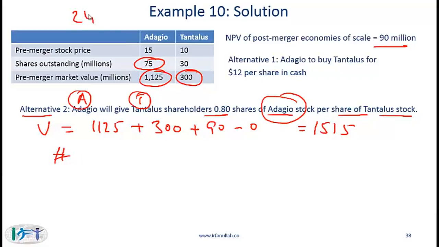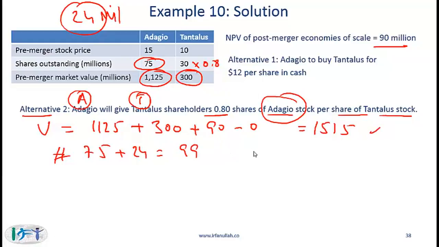Where is that 24 coming from? 0.8 into 30, because for every share of T, 0.8 shares of A are needed. So 0.8 into 30 million is 24 million. So after issuing 24 million shares, what is the total number of shares of this new larger entity? It is 75 plus 24, which is 99 million shares.